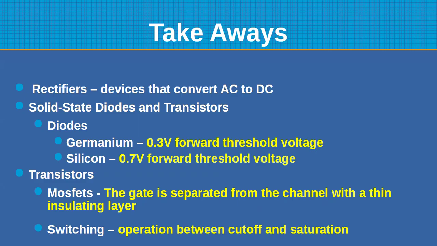Between doesn't mean linear in between those. It's either at cutoff or at saturation. In the case of a bipolar transistor, you would apply either 0 base voltage to have it at cutoff, or enough voltage to get up to the saturation current, where it would be on.